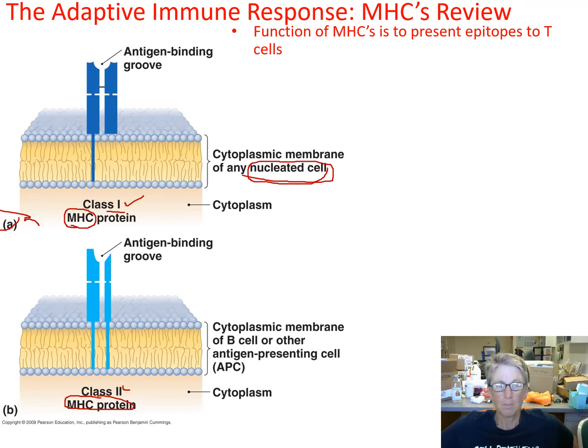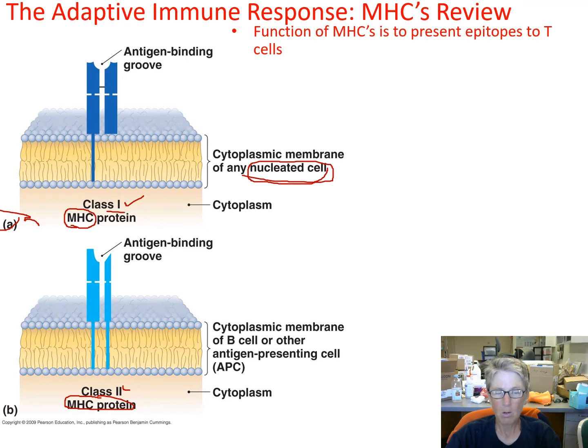If you are an antigen-presenting cell, and antigen-presenting cells include macrophages, B cells, and dendritic cells, those are the major antigen-presenting cells, then you have a class 2 MHC protein. But this is a little tricky, so pay attention.